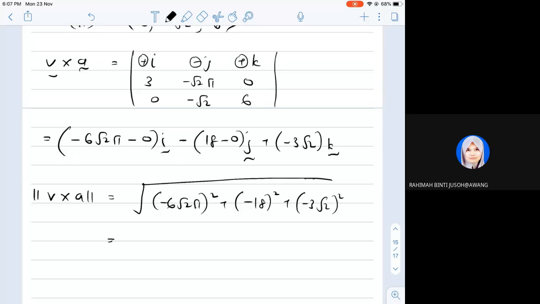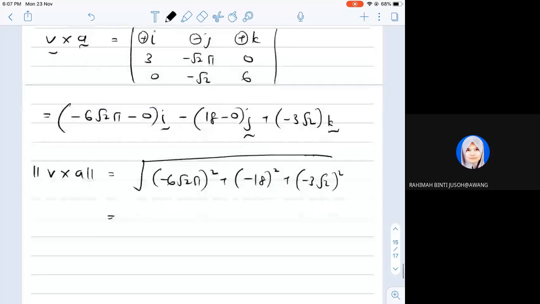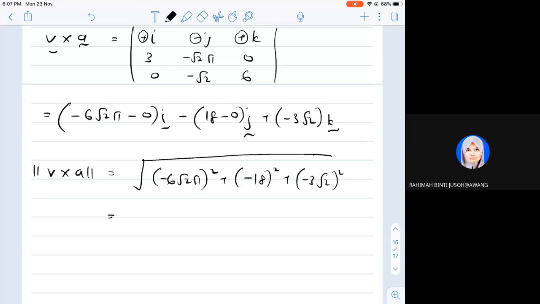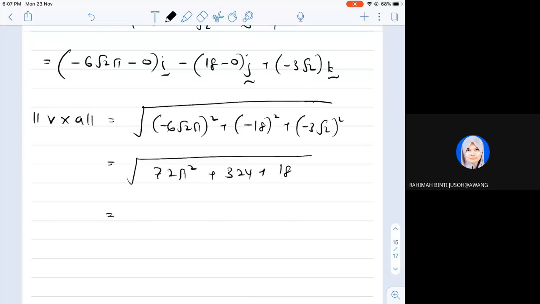So we have 36 times 2, which is 72 pi squared, plus 18 squared, which is 324, plus 9 times 2, which is 18. So we have 72 pi squared plus 342.